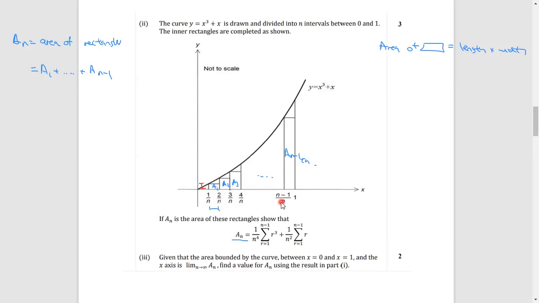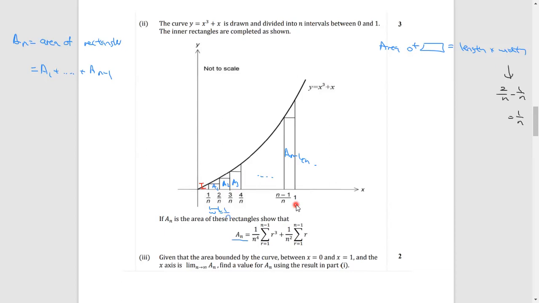So it should hopefully be clear that the width is going to be 2 over n minus 1 over n, which is 1 over n. And hopefully it should be quite clear that all of these widths are 1 over n, like 1 to 2, 2 to 3, 3 to 4, and so on. So all of these are 1 over n. We've got the width.